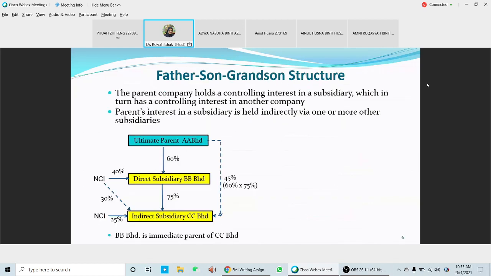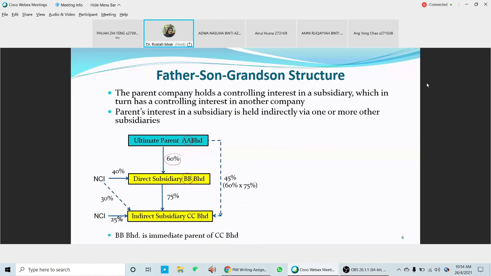So this is another example of a complex structure. We have another type here, father, son, and grandson. Father, son, and grandson is where the parent company holds a controlling interest in a subsidiary, which in turn has a controlling interest in another company. So in this one, parent A controls B with 60%.